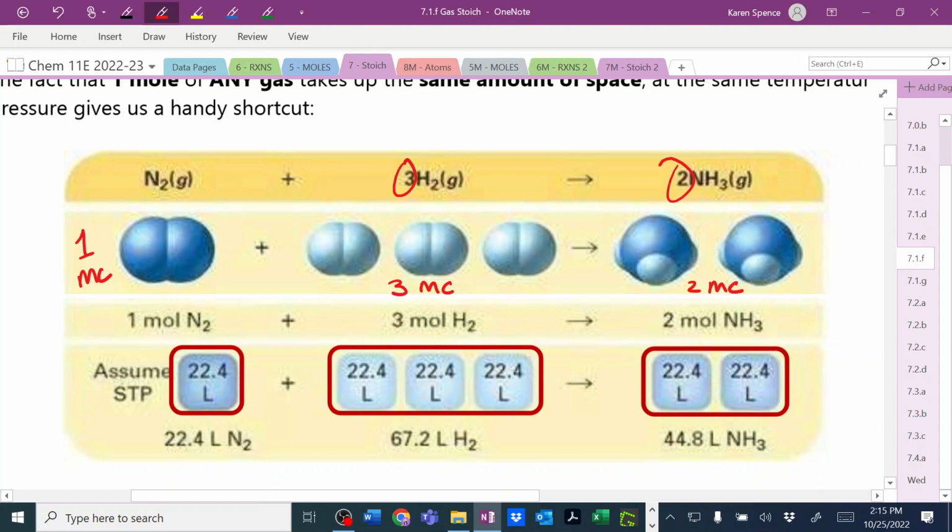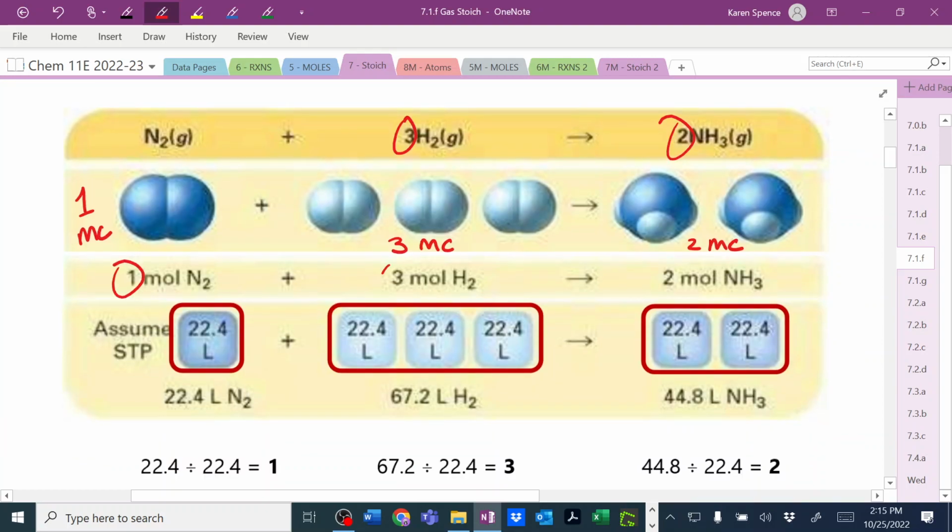We can do that same 1 to 3 to 2 ratio with moles, but it also works out because 1 mole takes up 22.4 liters of space, right? So 3 is going to take up 3 times that much. If we calculate that out, that is 67.2 liters, which is a 1 to 3 to 2 ratio for the volumes.